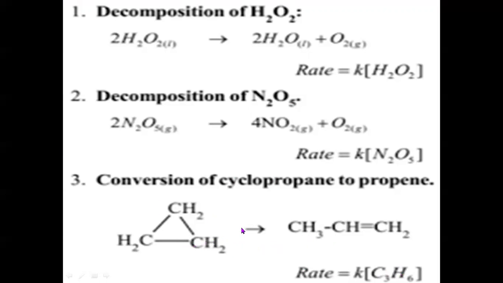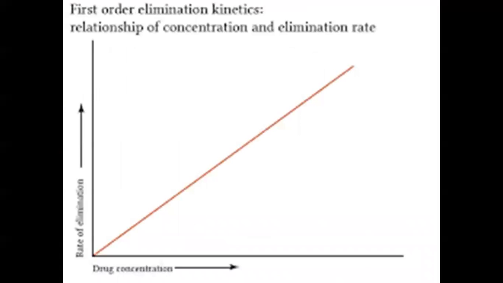It is called a first order reaction, or the reaction follows first order kinetics. And from the slope of this straight line in the graph, we can find the value of K, the rate constant for a first order reaction.